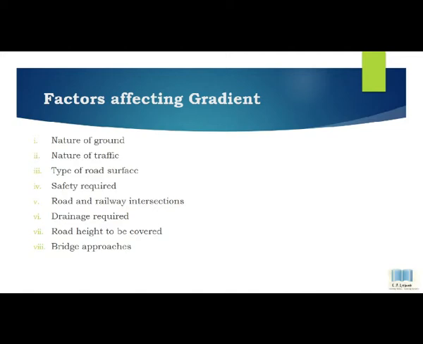This can affect the gradient of the road. Then the second factor is nature of traffic, which means which type of traffic is on the road. This also affects the gradient of the road.